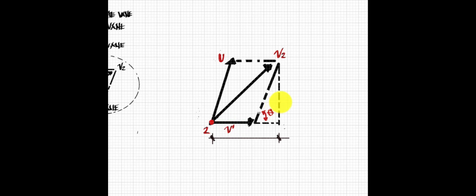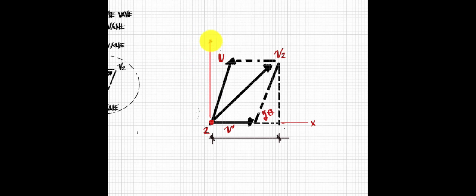Now, the distance that we have started from here going here is the velocity component along the x-axis. So let's go here, the x-axis, then we have here our y-axis, starting here going up there.